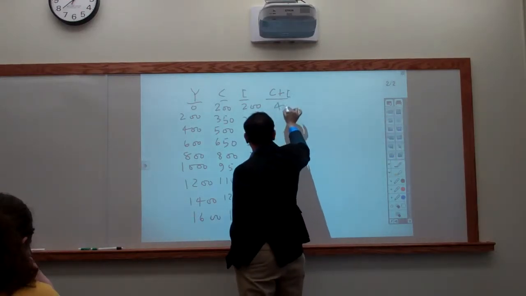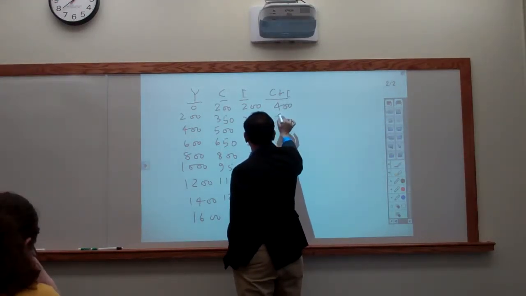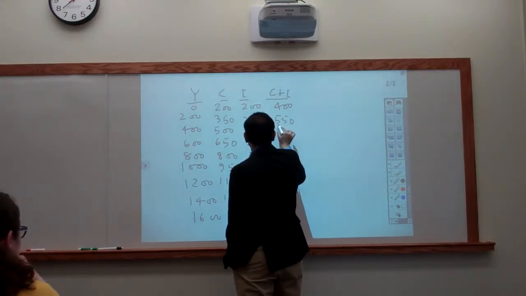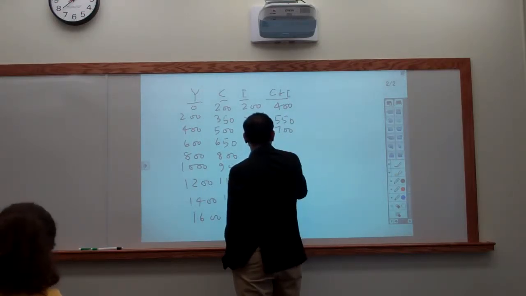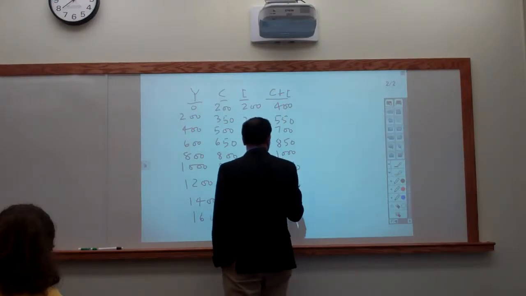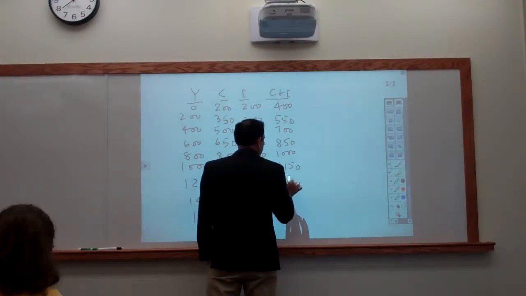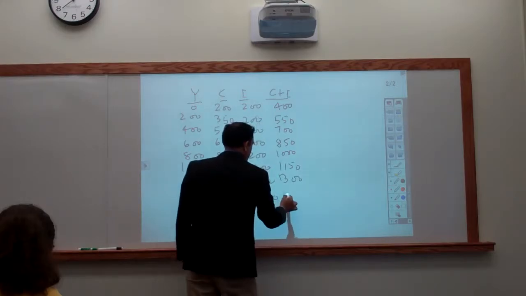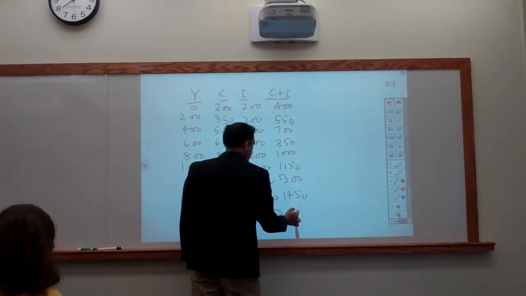So let's add those: 400, 550, we get 700, 850, 1000, 1150, 1300, 1450, and 1600.